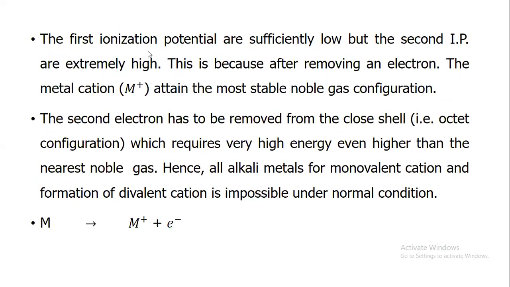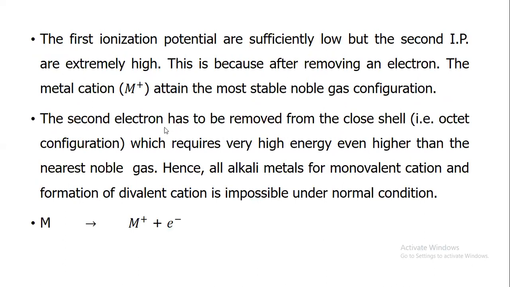The first ionization potentials are sufficiently low, but the second ionization potentials are extremely high. This is because after removing one electron, the metal cation attains the most stable noble gas configuration.